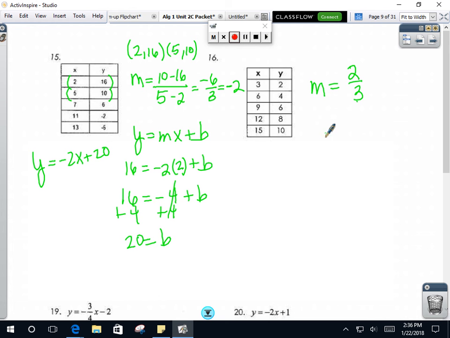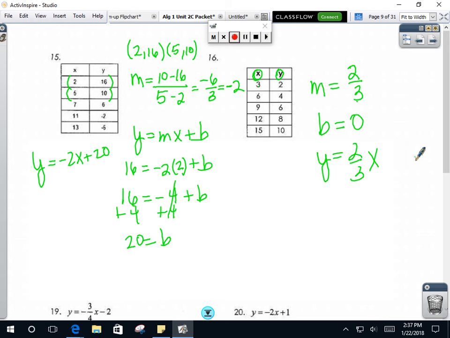Now to find the b, you can do a pattern. If this was 6, 3, then this would have been 0, because they're going up by 2, so if you go down, it's just 0. The line crosses through at 0. So y equals 2/3 x, you don't have to write plus 0.